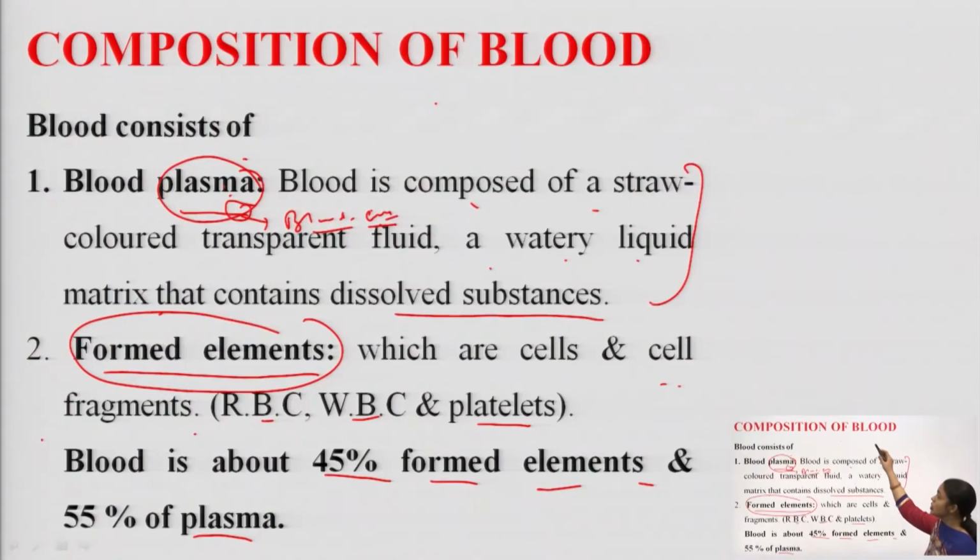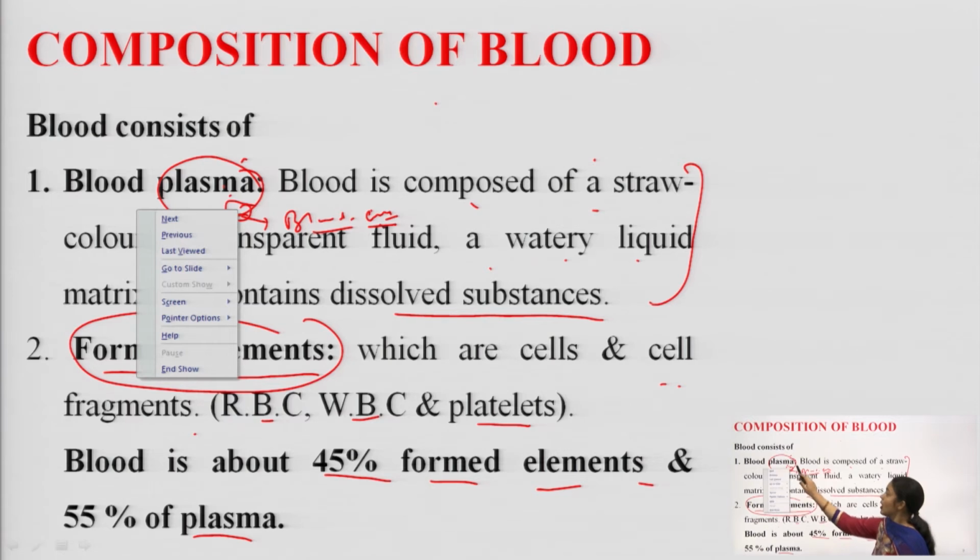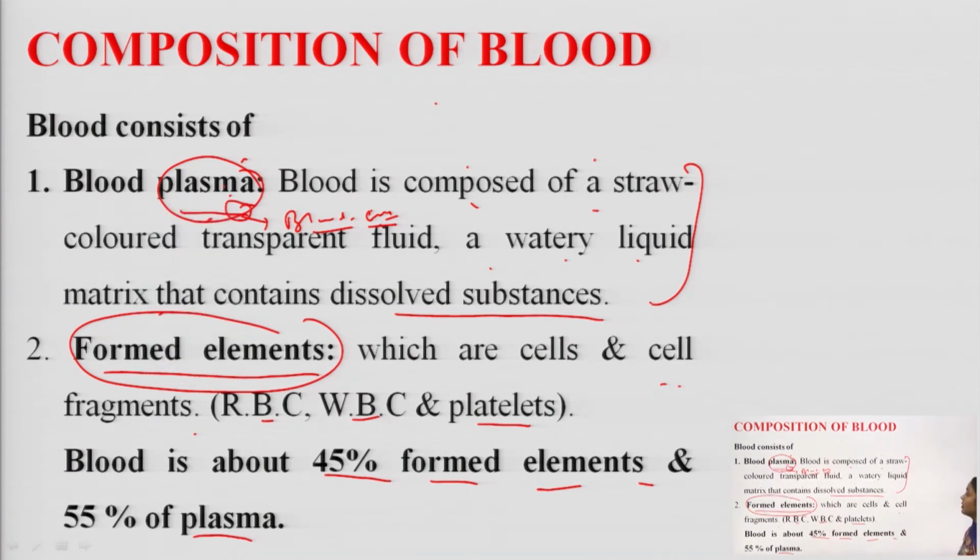Now, the composition of the blood. Blood consists of blood plasma and the formed elements. Blood is composed of a straw-colored transparent fluid, a watery liquid matrix that contains dissolved substances.